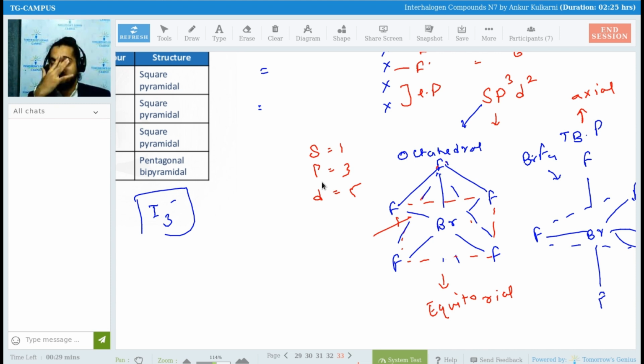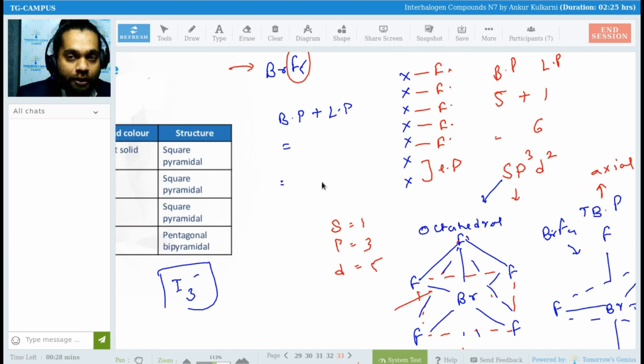You have told me lone pair electrons. We do not count each electron as a lone pair. I am talking about pairs. Two electrons will make a single pair, like over here in BrF5 we have done it, no? Two electrons make a single pair.